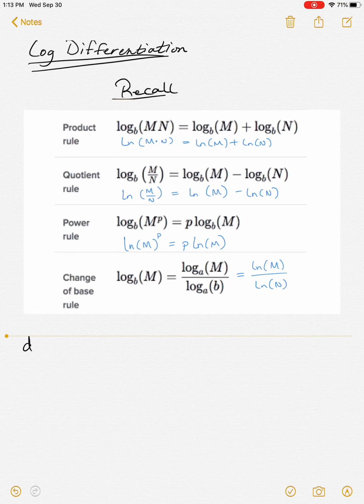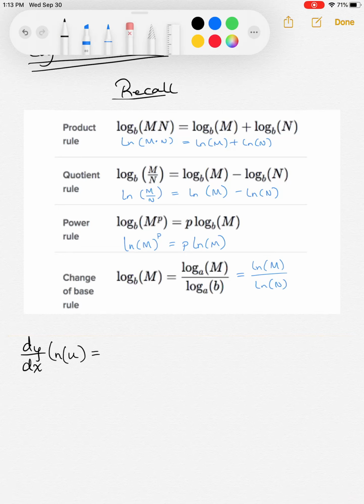Let's say we have dy/dx of the natural log of u equals, and I didn't mean to write dy/dx. Let me clean that up. Let me say that better.